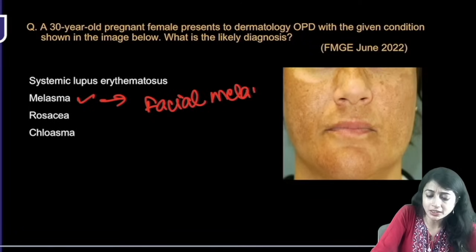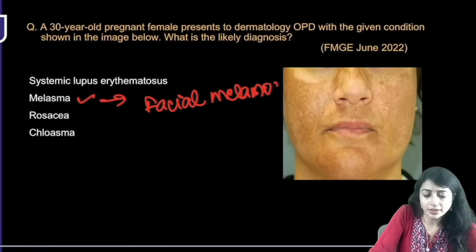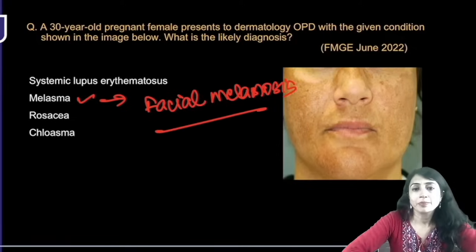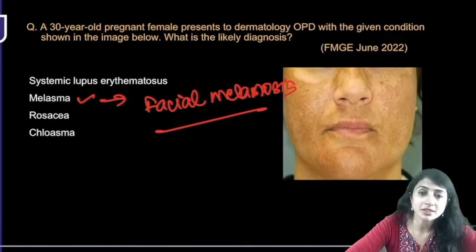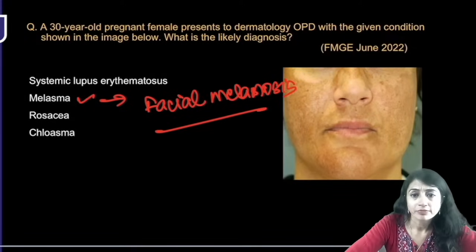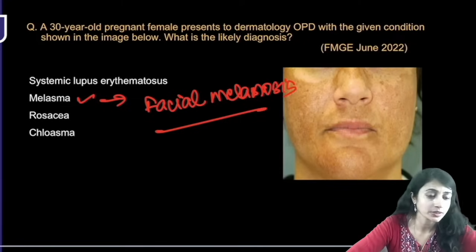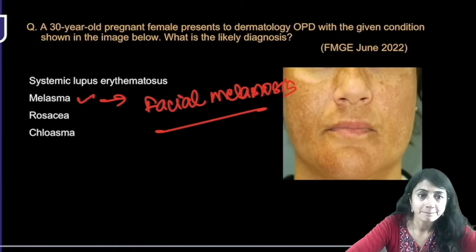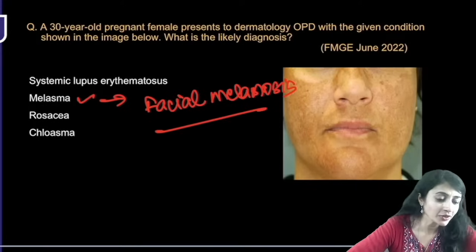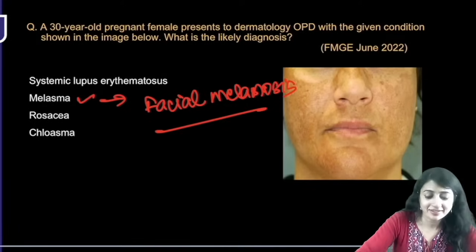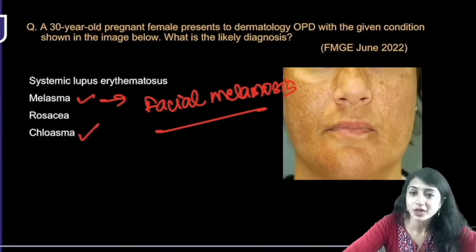Okay, what is melasma in pregnancy called? When patients have melasma during pregnancy, what do I call it? There's a special name for it. So there you will get the answer. Yes. So why did none of you say cloasma as the answer here?